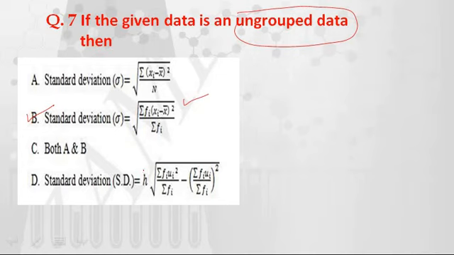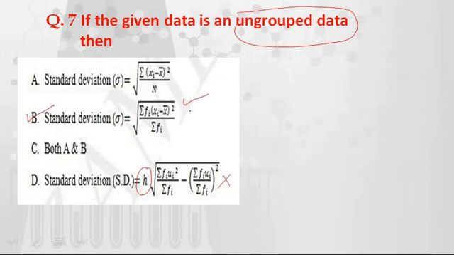This h is particularly we will use in standard deviation when the given data is a continuous data, means when class intervals are given. So obviously this option should not be there. Option A is for when the given data is an individual data, or is given in the form of individual series.